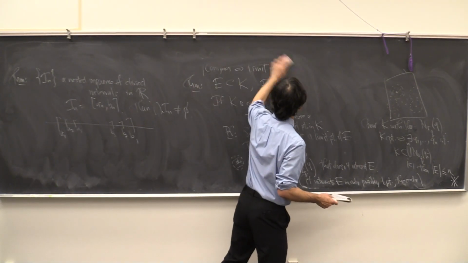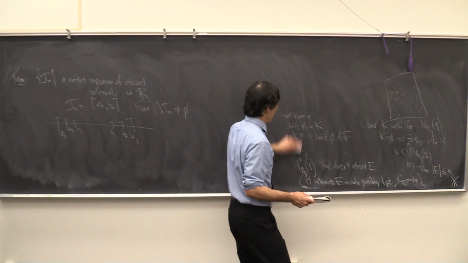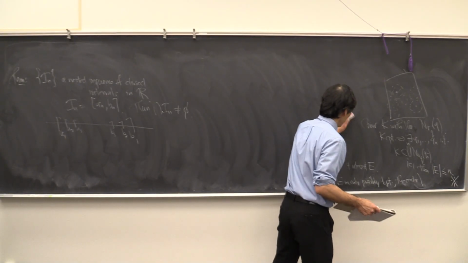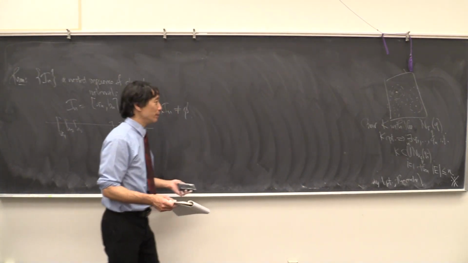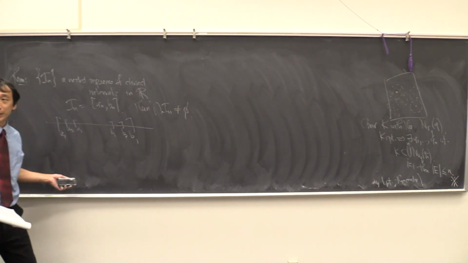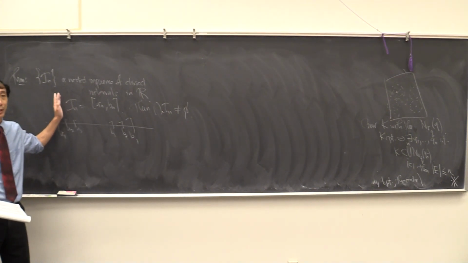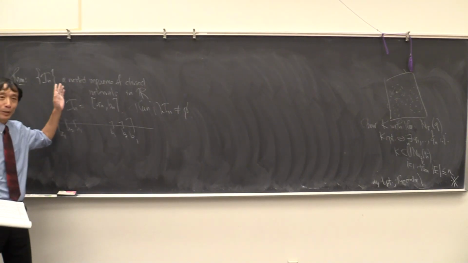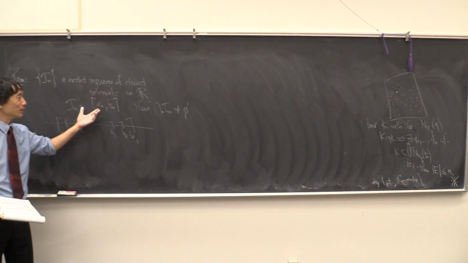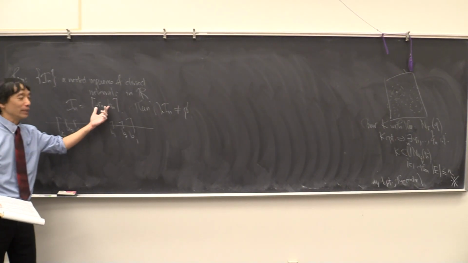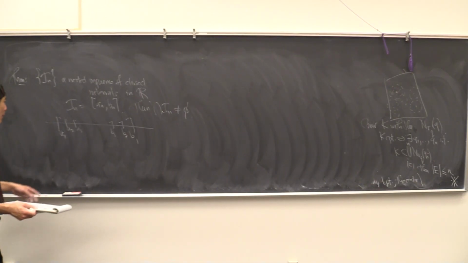If we knew that the I_n were compact, then we could say nested compact intervals have a non-empty intersection, but we don't know that yet. In fact, we're going to use this to show the Heine-Borel theorem, which would allow us to say instantly that these are compact. That's the line of the argument.